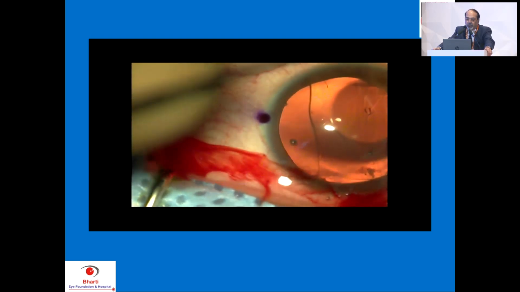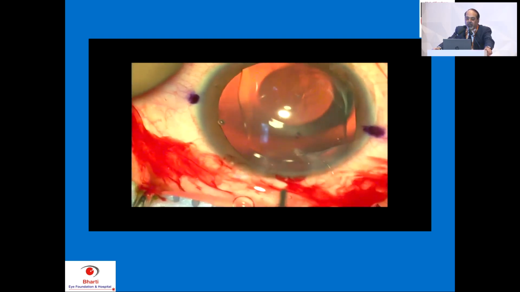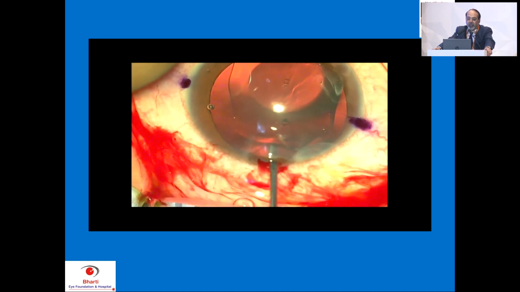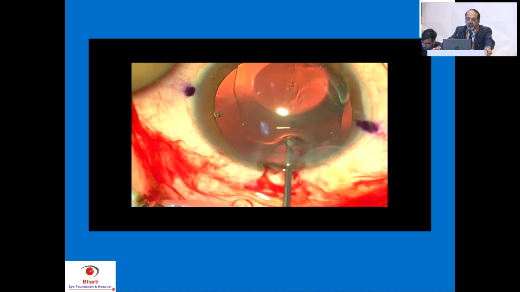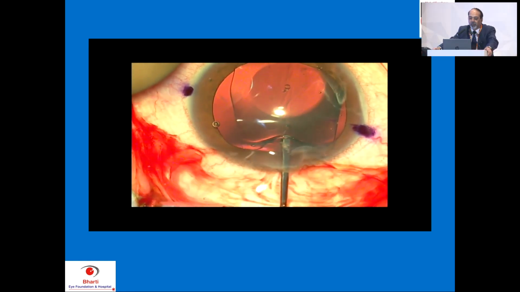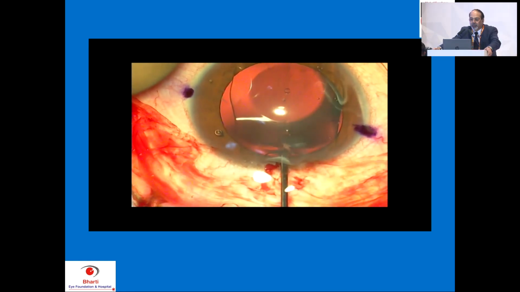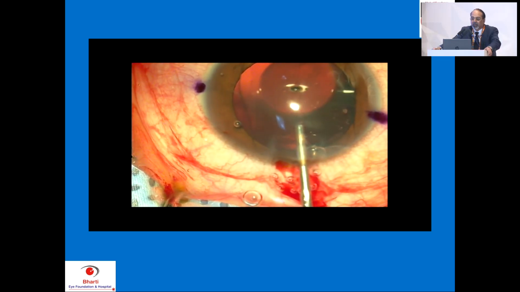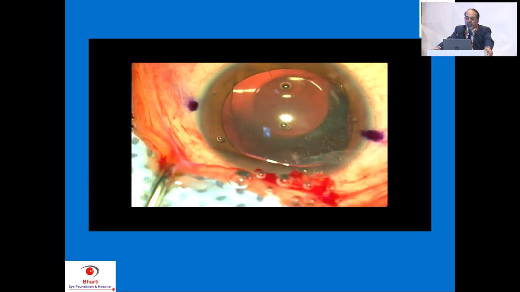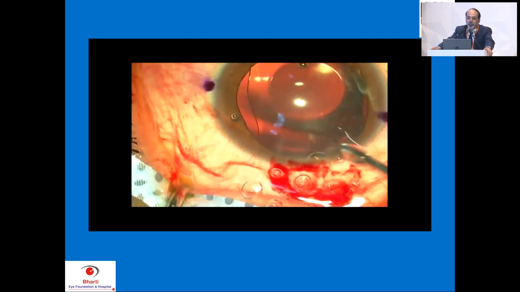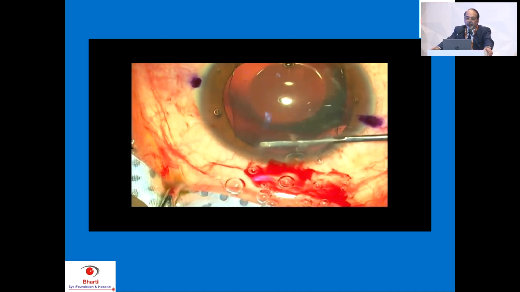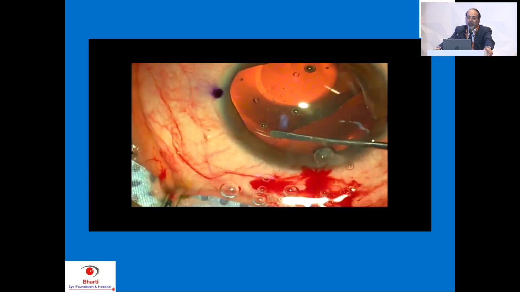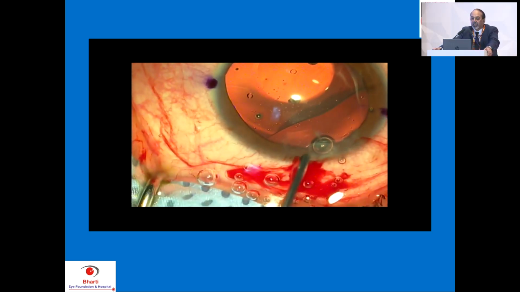Do not try to push it behind the iris initially, and then dial it, gently press it and dial it to the desired position. But first of all, push the posterior lip so that all the viscoelastic comes out from behind the ICL, and then put the viscoelastic in front of the ICL to push it back. So that way, the majority of the viscoelastic that was in the eye from behind the ICL is out.